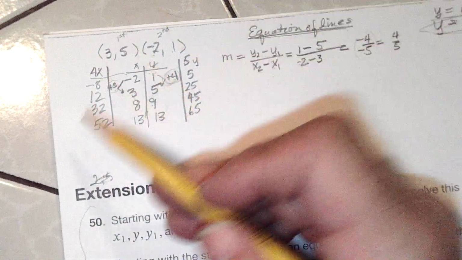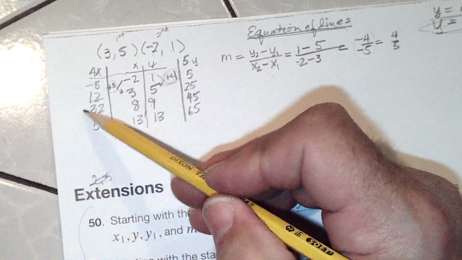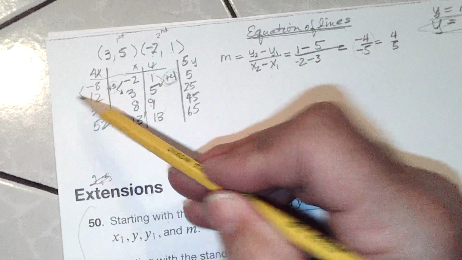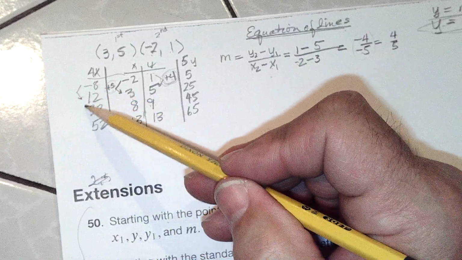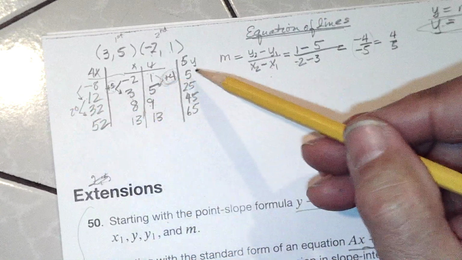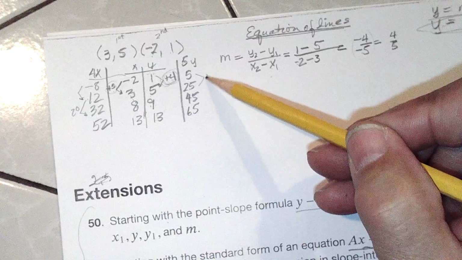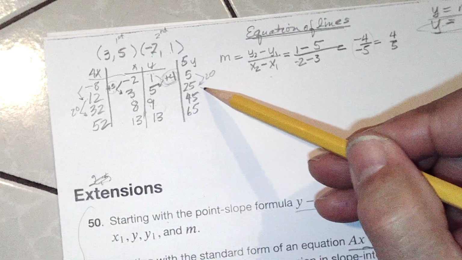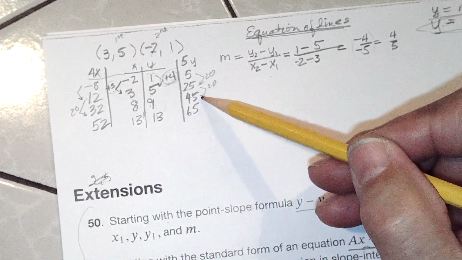And now let's look at the changes. The change on this column, it's going up by 20. Up by 20. And so is this column, going up by 20, up by 20, up by 20.